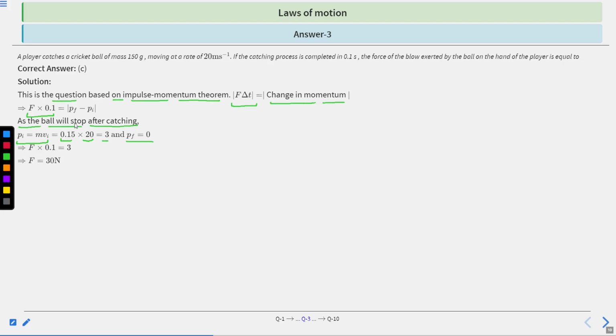As the ball is stopped after catching, the velocity of the ball is 0. So the force is F multiplied by 0.1.